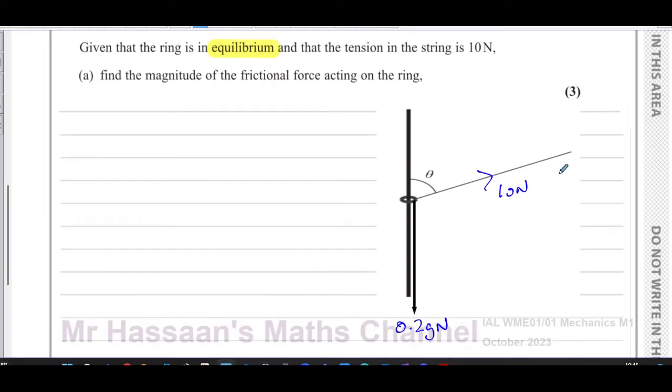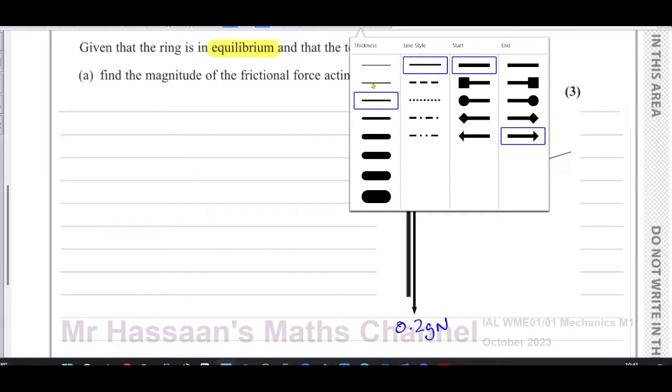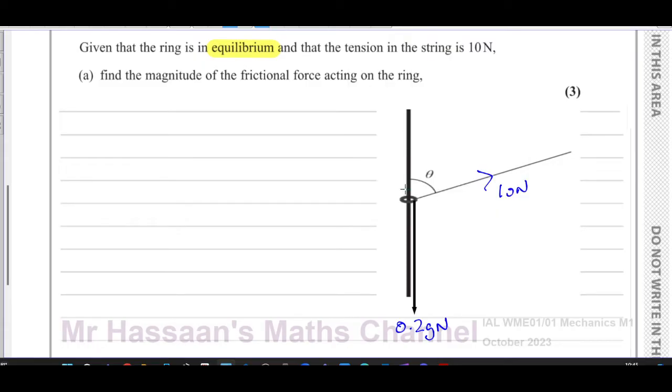Other forces acting here, a very important one which for the first part of the question doesn't really affect much, is a reaction force which must act in this direction. Whenever you have a ring threaded onto a solid object like a rod, there's going to be a reaction force, and it always acts in a direction perpendicular to the surface of the rod.